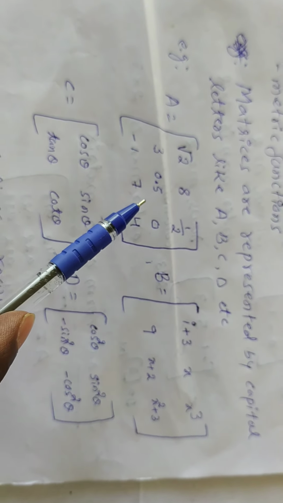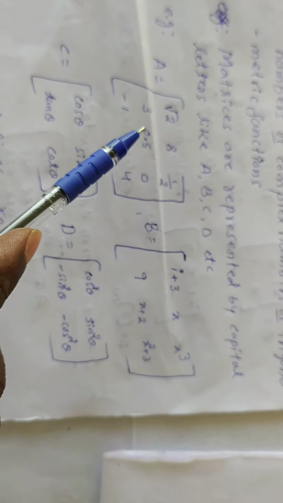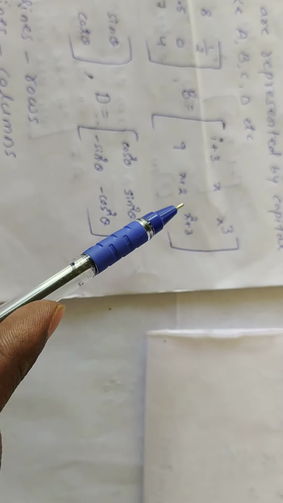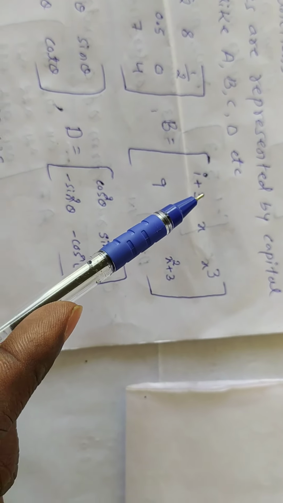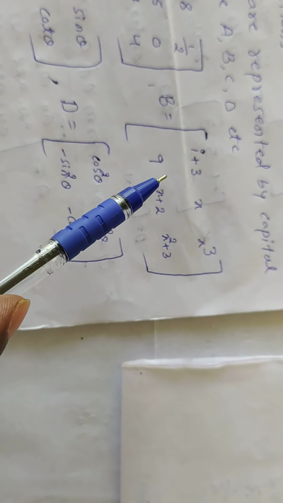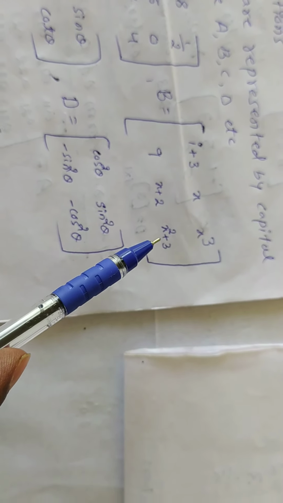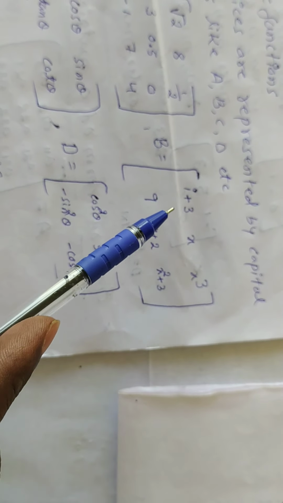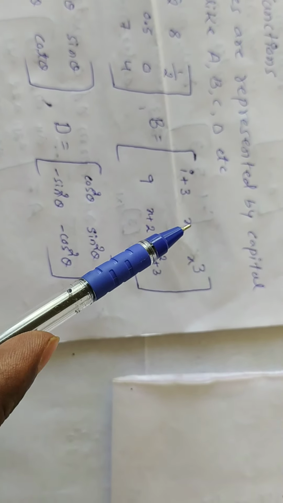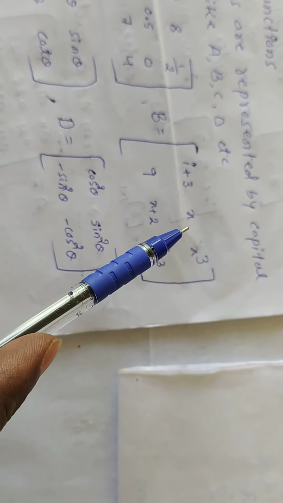Or take another matrix with complex numbers: i plus 3, x, x cube, 9, x plus 2, x square plus 3, etc. Here you have complex numbers as well as some algebraic functions as the elements of the matrix.